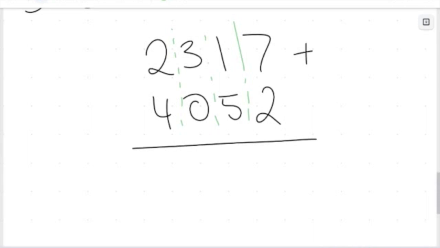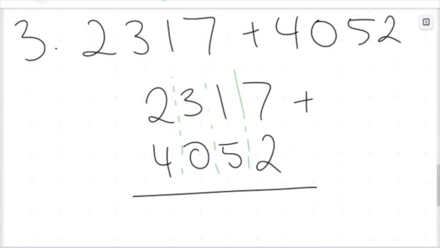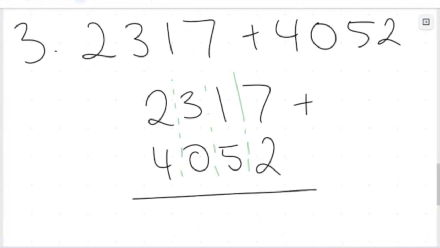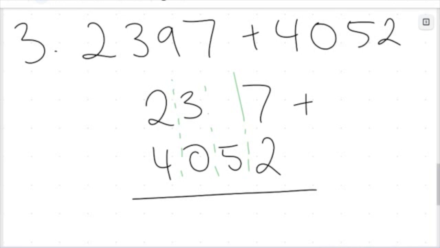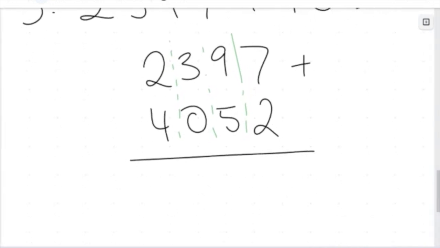So let's look at this one here. And I've actually included an example where there's not as much carrying over. So what I'm going to do, instead of this, I'm going to add a 9 just to spice this up a little bit and practice what we've been talking about here.